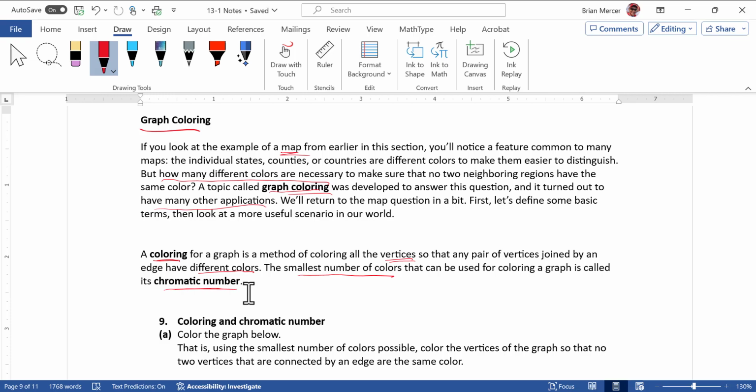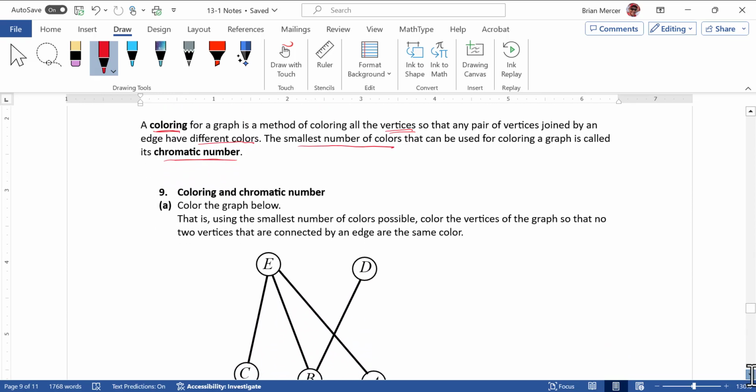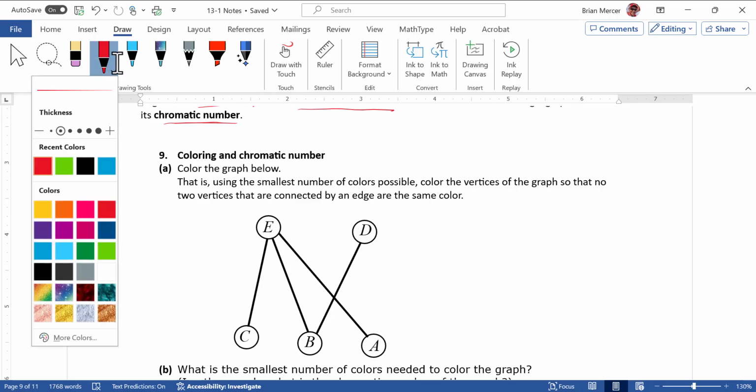We're going to jump right into doing that. We're going to color a graph here, and if you click on the explanation, it gives you a possible strategy. The trouble is there's way more than one way to do these, so it's not a foolproof strategy. I'm going to use different colors to color the circles.